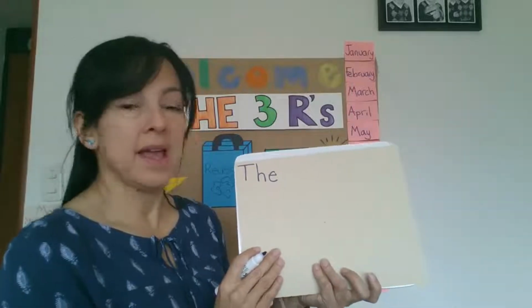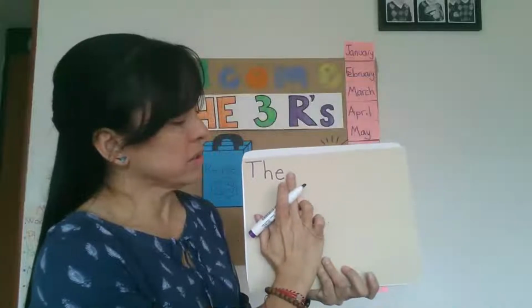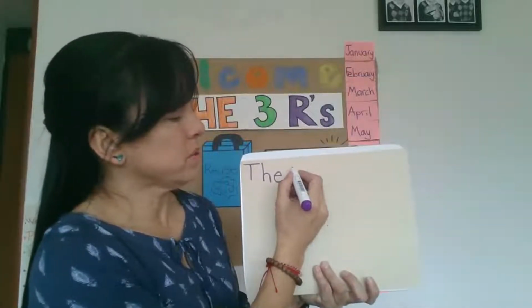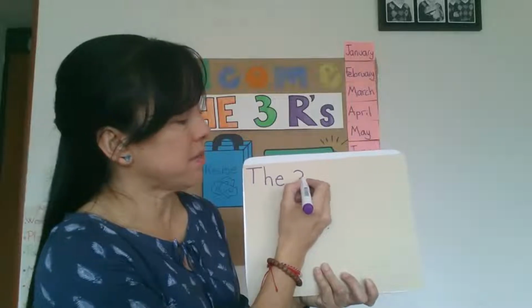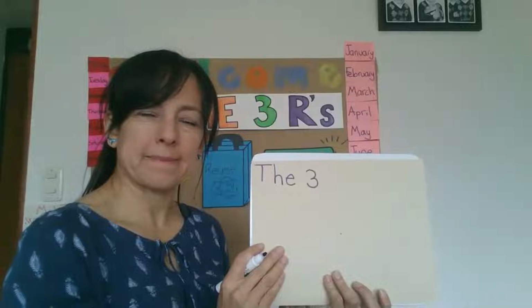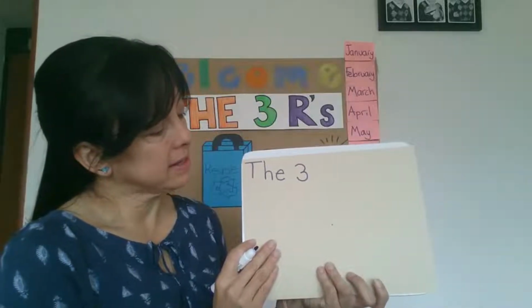Very good. Now, another word, in this case, a number. So we are going to leave a little space here, and we are going to write number 3. The 3. Okay.